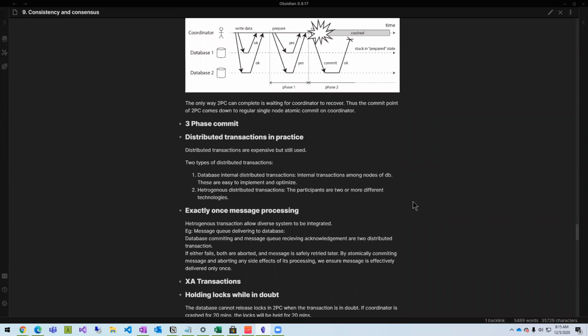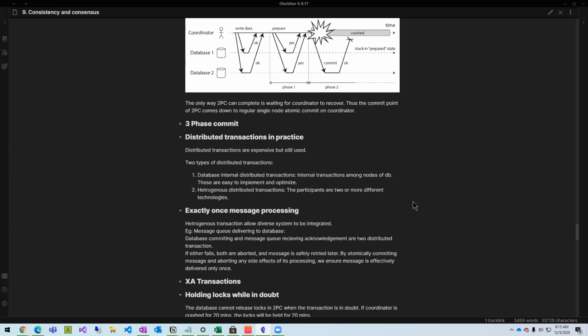As you said, these distributed transactions are expensive and not easy. That's why generally you will find some alternative solutions, or you can do some compensating transaction if something fails.